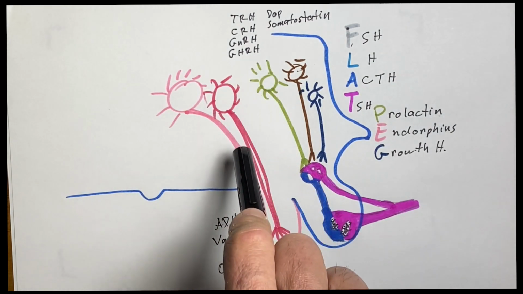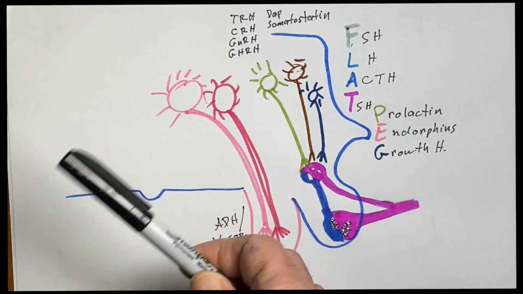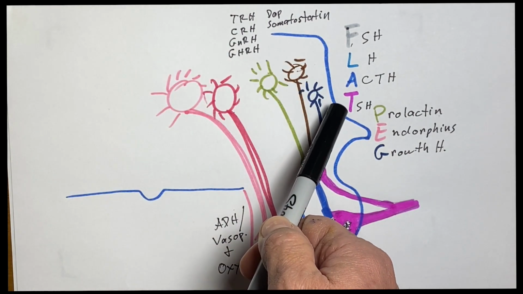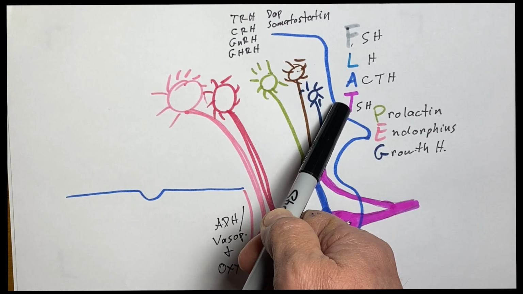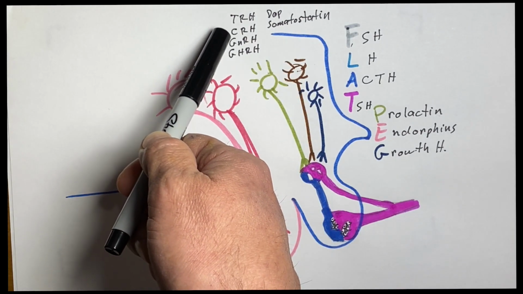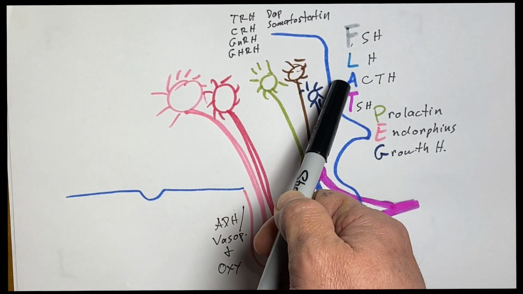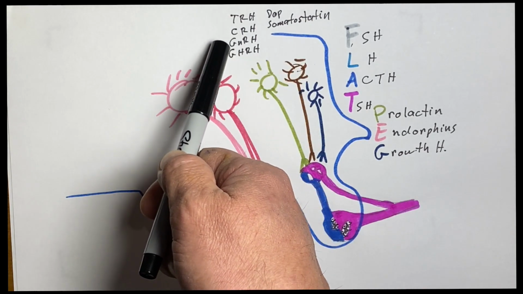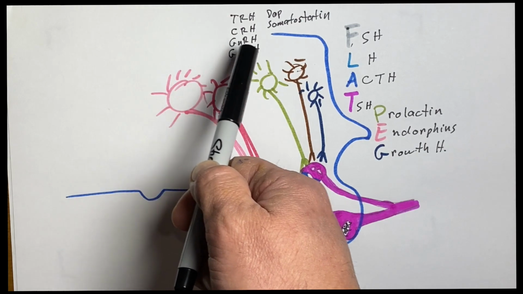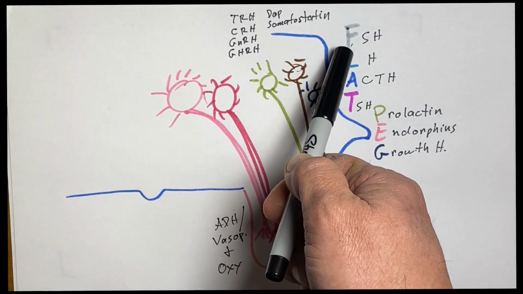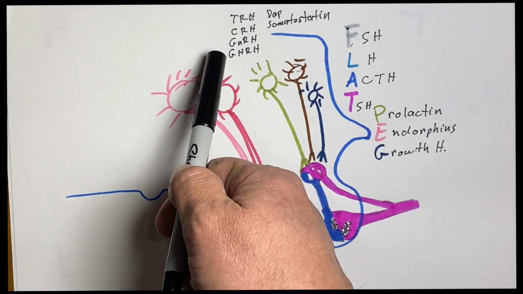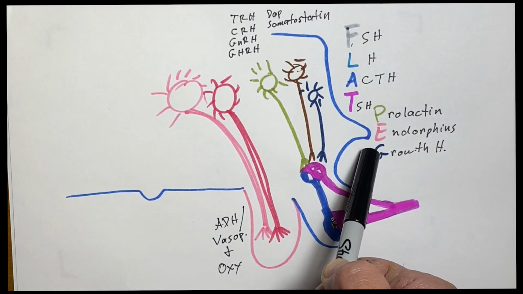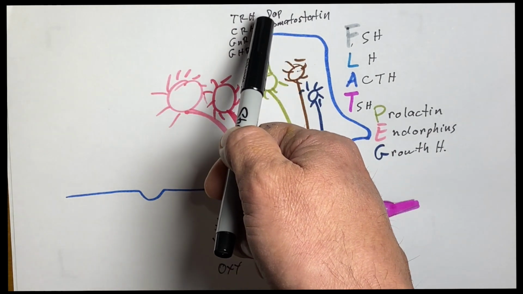The releasing hormones that the hypothalamus manufactures are thyrotropin releasing hormone, which causes thyroid stimulating hormone to be released, corticotropin releasing hormone, which causes adrenocorticotropic hormone to be released, gonadotropin releasing hormone, which causes follicle stimulating hormone and luteinizing hormone to be released, growth hormone releasing hormone, which causes growth hormone to be released, also dopamine and somatostatin.